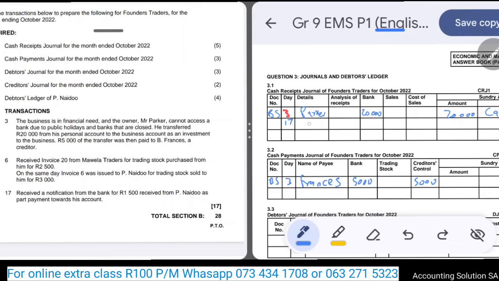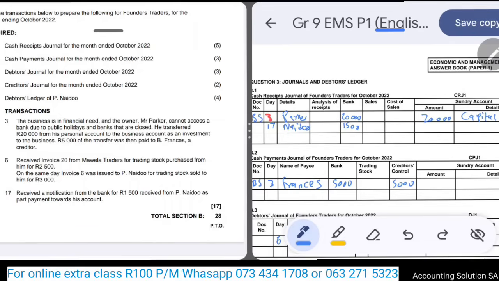On the 17th, Naidu paid 1,500, and he is a debtor. Okay, because we don't have a debtors column here, we are just going to recognize him under the sundry account, 1,500, and his debtors control.